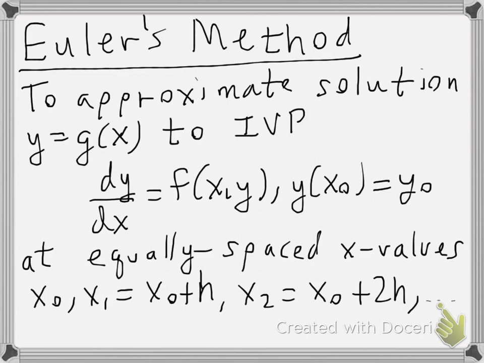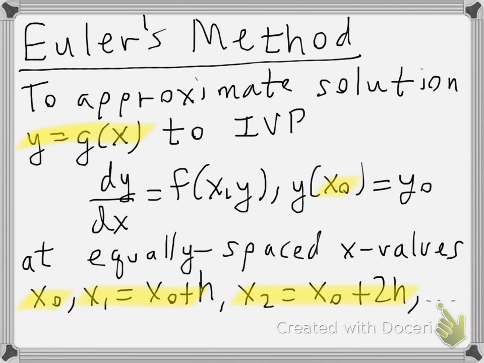So summing this all up then, Euler's method is used to approximate the solution y equals g of x to a given initial value problem, dy/dx equals f of x, y with the initial condition y of x naught equals y naught, and you want to approximate this function y equals g of x at the equally spaced x values: x naught, that's the initial value that you're given, but then at the value x1, which is x naught plus h, x2, which is x naught plus 2h, etc., and you keep going for as long as you want, however far you want to approximate the solution.